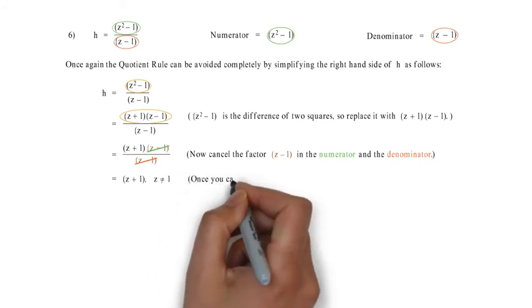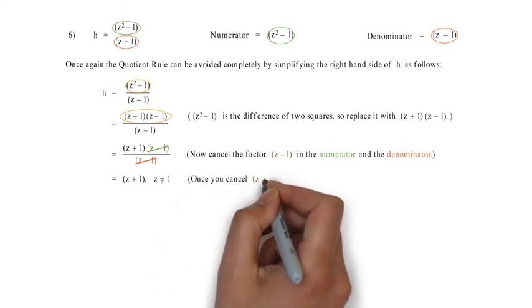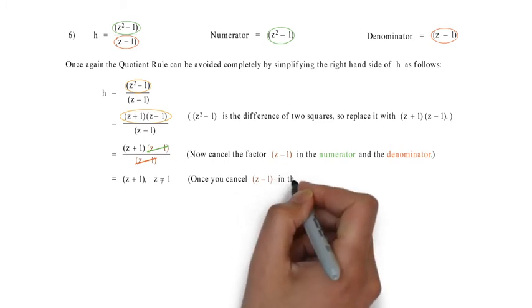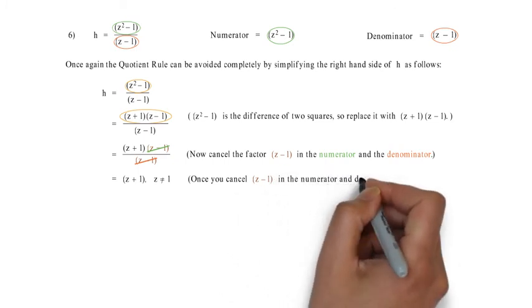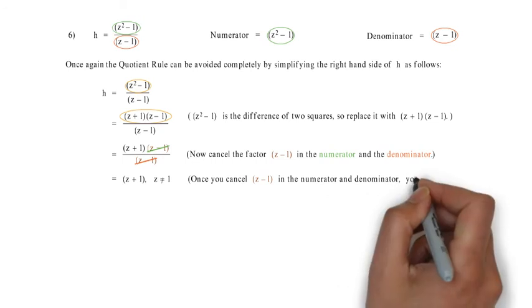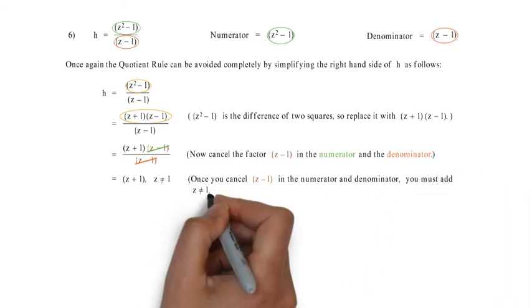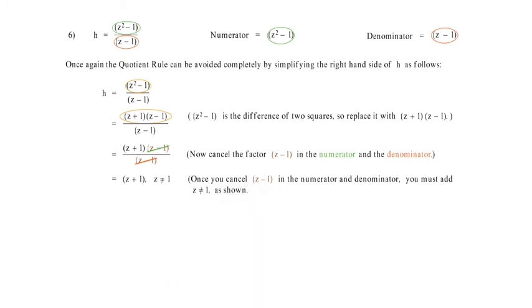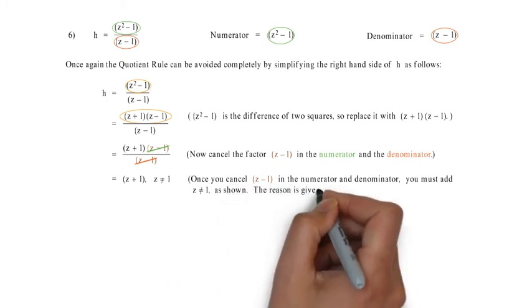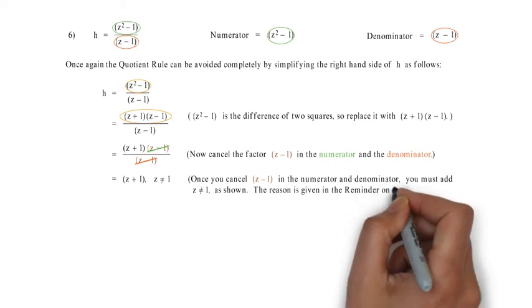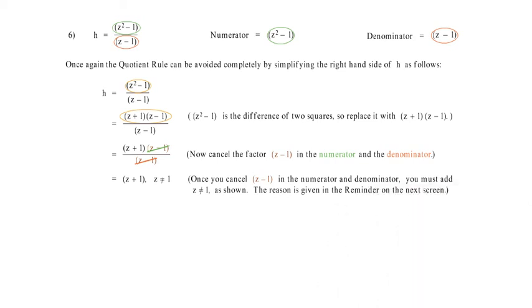Once you cancel z minus 1 in the numerator and denominator, you must add z not equal to 1, as shown. The reason is given in the reminder on the next screen.